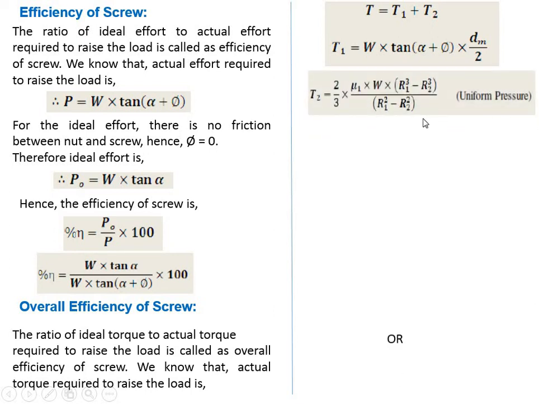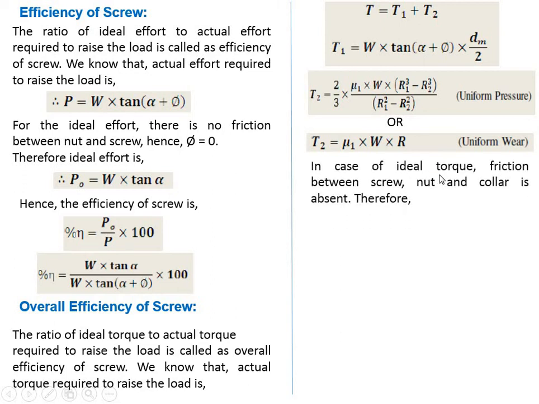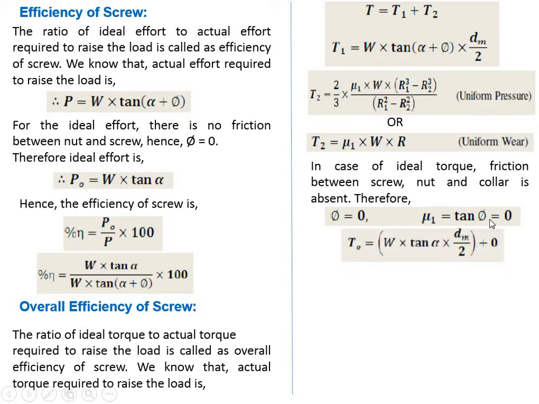According to the uniform pressure theory and the uniform wear theory, these two equations we have already seen. In the case of ideal torque, the friction between screw and nut collar is absent. That's why phi is equal to 0. So mu1 is equal to tan phi, and tan 0 is 0, so your mu1 value will be 0. So T0 is W into tan alpha into dm by 2 plus 0, where T0 is T1 plus T2.